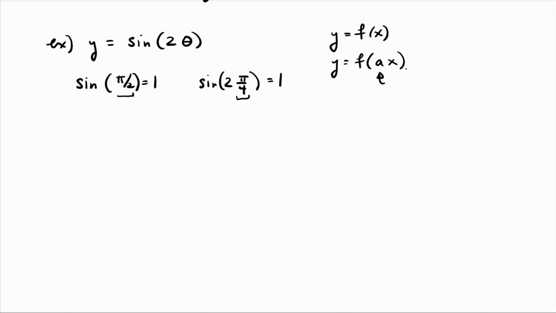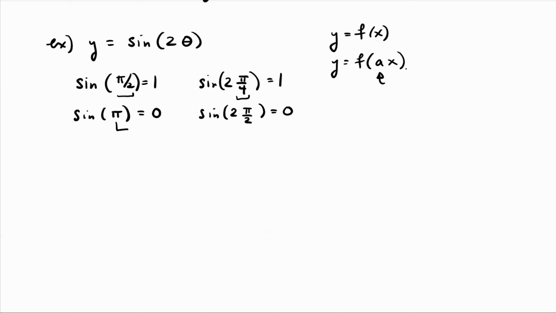So we can start to see that there's a compression that's going to be made on our graph. Let's investigate this just to confirm our assumption. Sine of pi is 0. What would theta have to be so that we end up at 0 again? Well, it would have to be pi over 2.